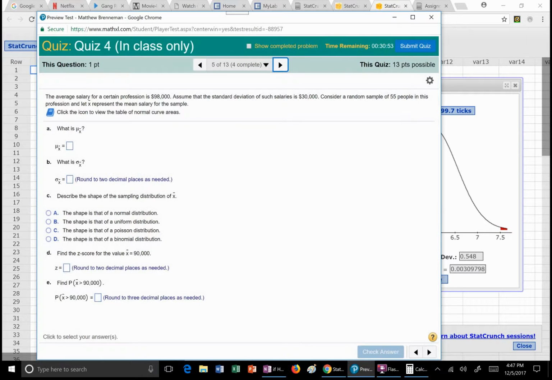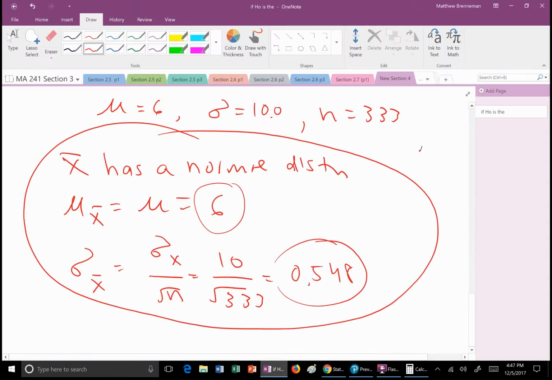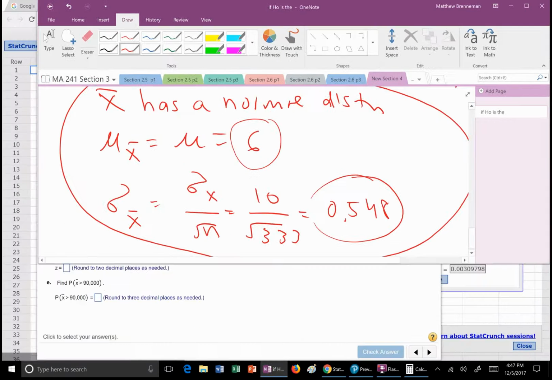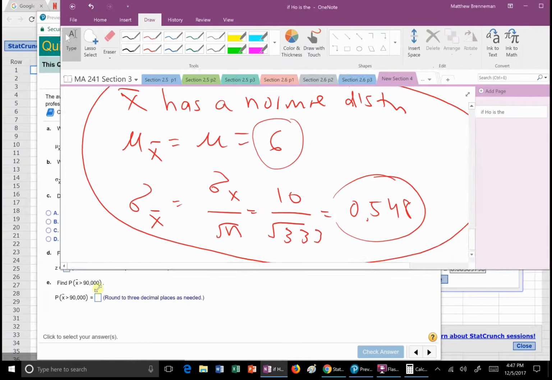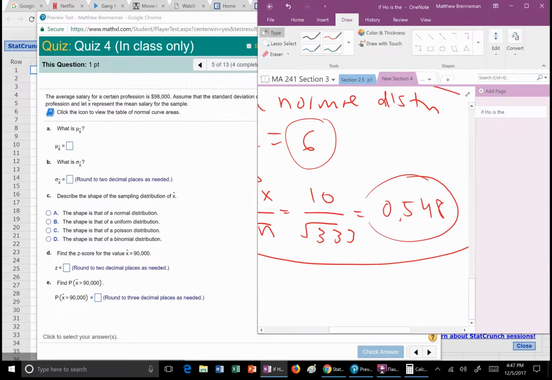Okay. The average salary for a certain profession is 98,000. Okay. Assume the standard deviation is 30,000. A random sample of 55 people. Okay. So again, let me just kind of flow this out. Okay.